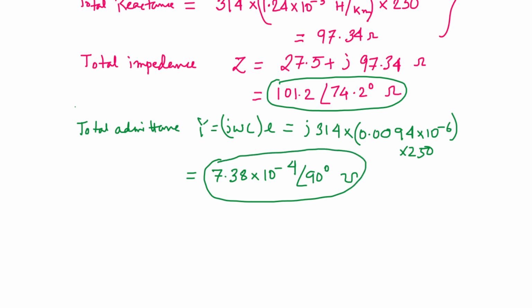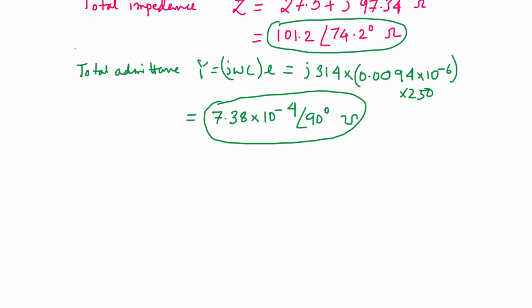Now what do we have with us? We have VR, that is equal to 132 kV. This is line voltage.